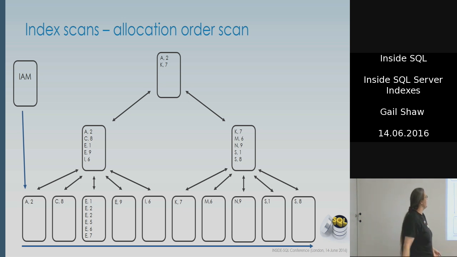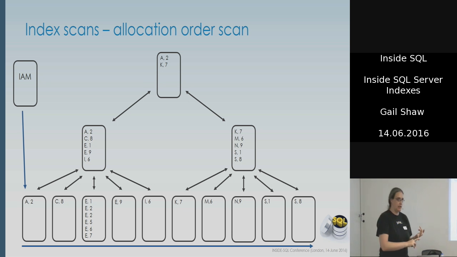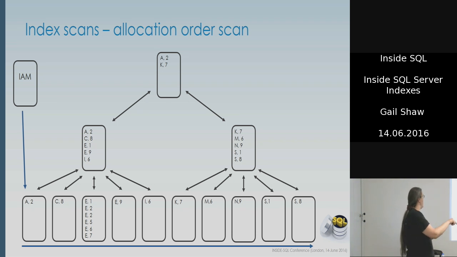This one you won't see too often. There's two places I know of that you'll get allocation order scans. That's a scan under read uncommitted and a scan when there's a table lock in place. Because this is susceptible to giving incorrect results due to pages moving around, page splits.